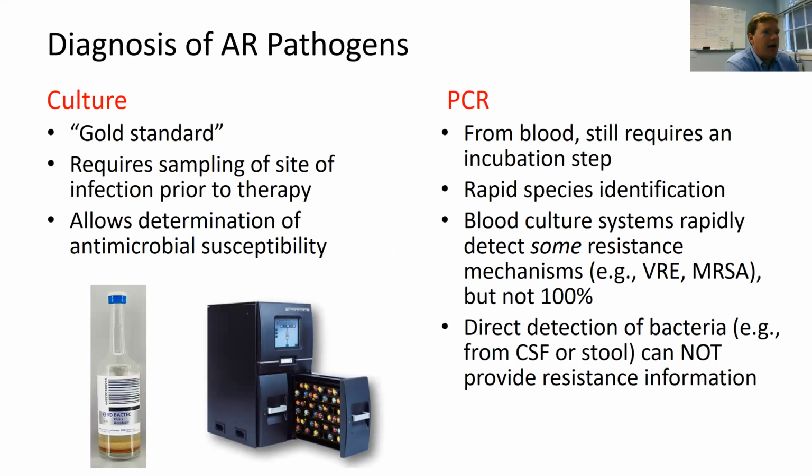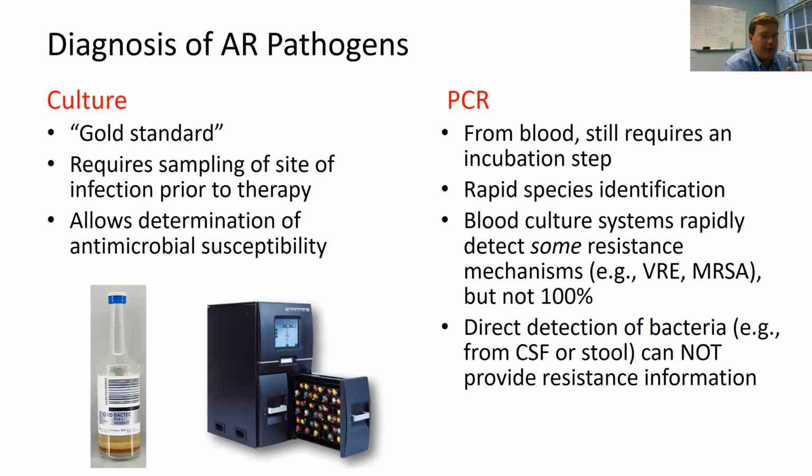PCR can also be done, but generally still requires an incubation step. This is used for rapid species identification, and there are some blood culture PCR systems. So you grow your bacteria in the blood culture bottle, and then these PCR systems can quickly identify some resistance mechanisms.